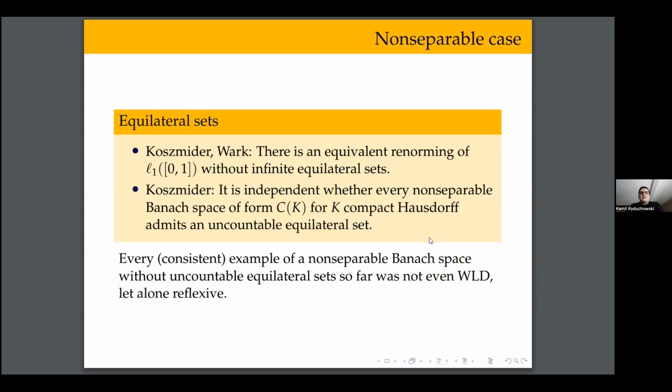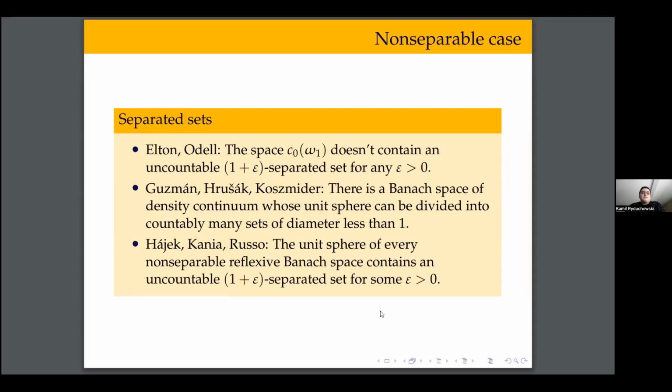So this lack of reflexive or even WLD examples of non-separable Banach spaces without uncountable equilateral sets made us consider whether perhaps reflexivity forces the existence of uncountable equilateral sets, but that's not the case.